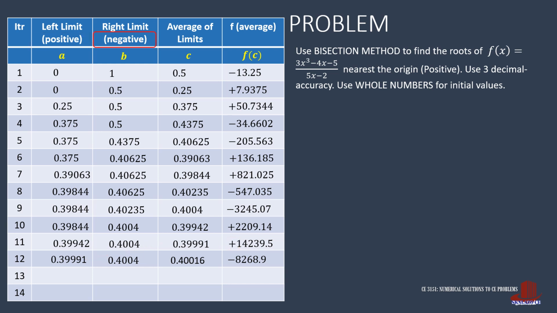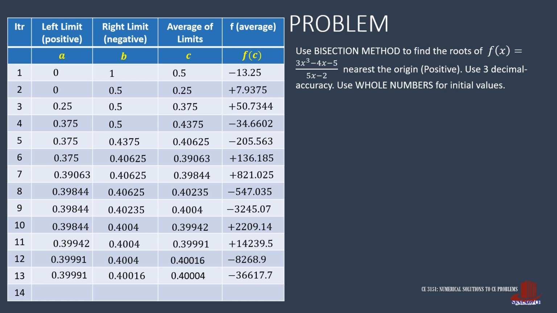For the next iteration, negative f of c makes b as 0.40016, and a still 0.39991. C is then computed as 0.40004, where its function becomes negative 36,617.7.